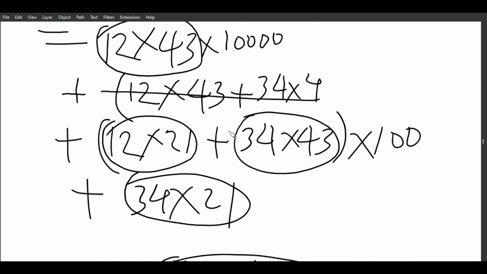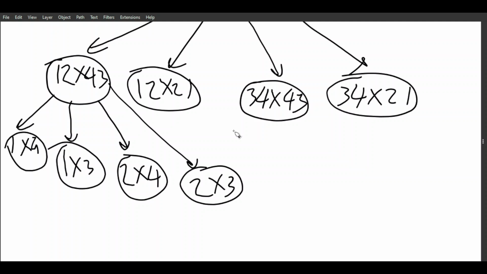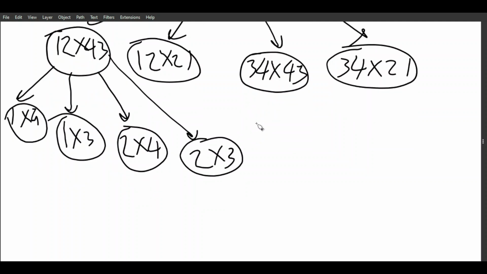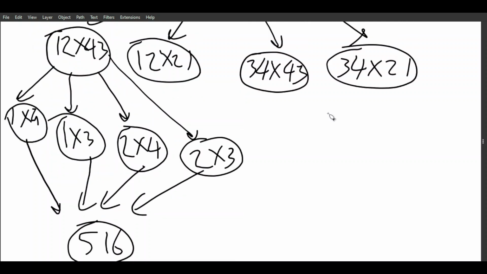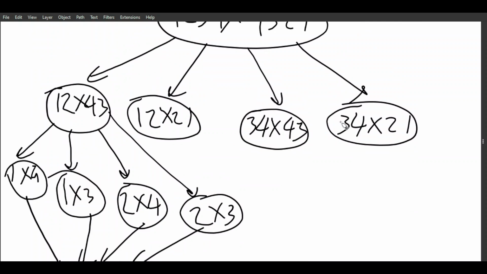So conquer step is only addition. So just combine all. So first level of conquer we get, combine all these sub problems, and we get the result 516. So same way we continue with the other 3 sub problems also.